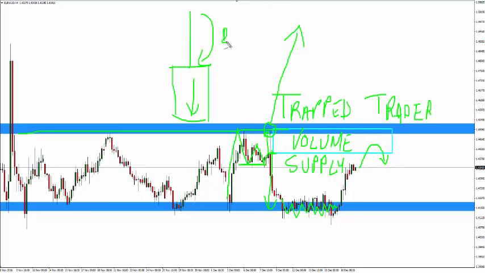If you're stuck in there, you're going to want to bail out at break even, because money is not really in your psychology now. It's about being able to get out of that trade unscathed.